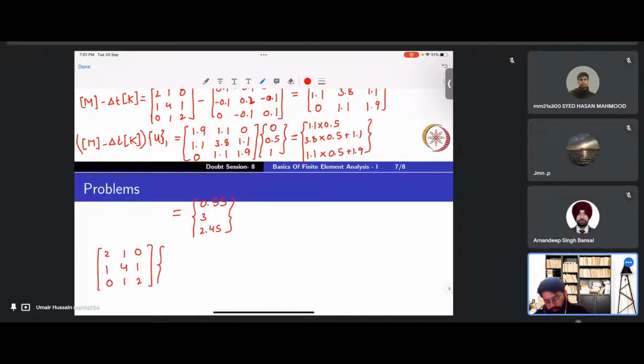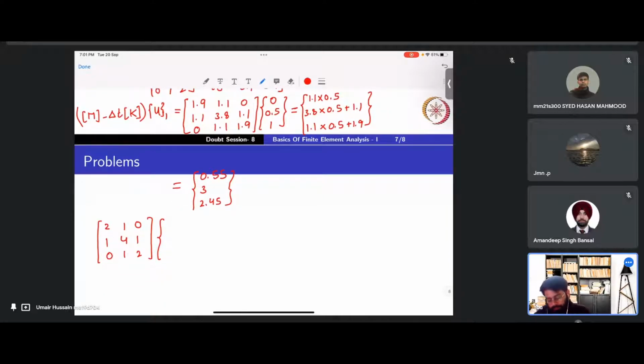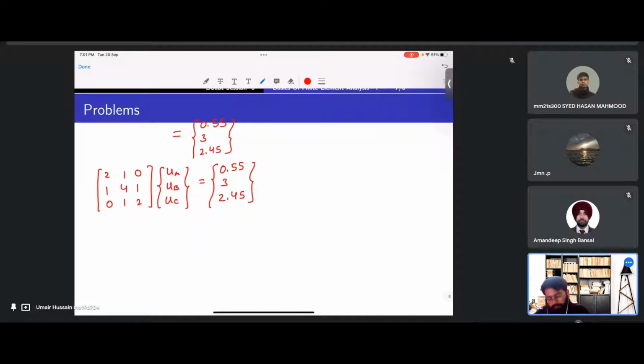So we'll write our u2 vector, we are supposed to have 3 terms, so I'll write it as ua, ub, uc is equal to the right hand side term 0.55, 3, 2.45. So we'll just distribute the equation and try to solve.